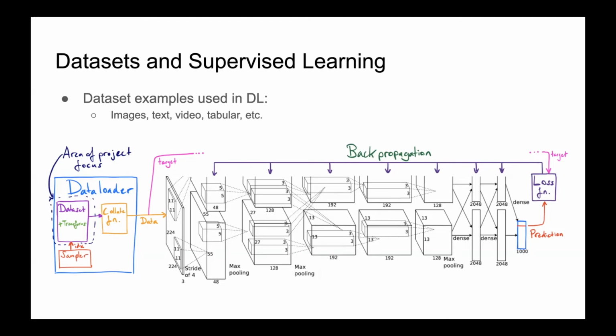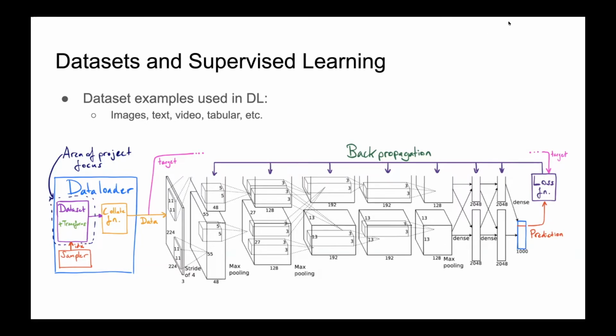It'll send those to the dataset. The dataset will grab those from whatever your data is stored in, could be images, text, videos, a bunch of those files. It'll grab the respective indices with respect to the data, apply the transforms, send those to the collate function along with the target to turn them into stacked tensors, or rather batches of tensors. And then it will feed the data tensors into your actual model.